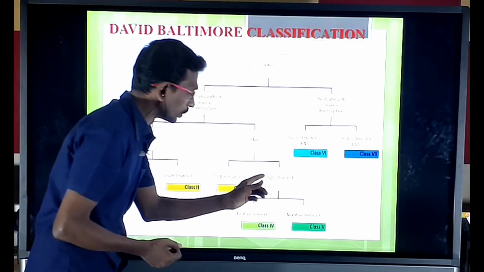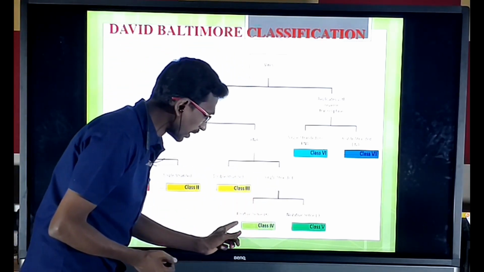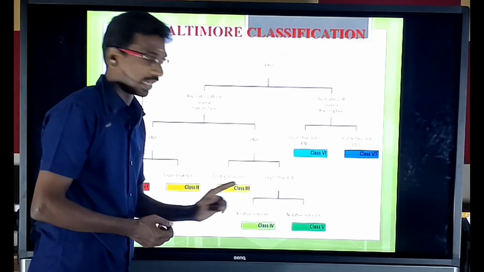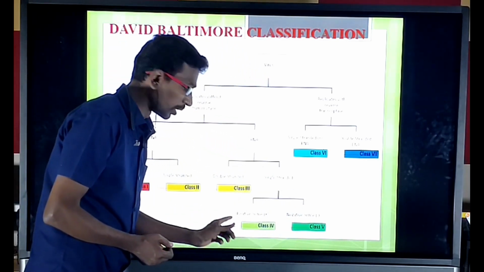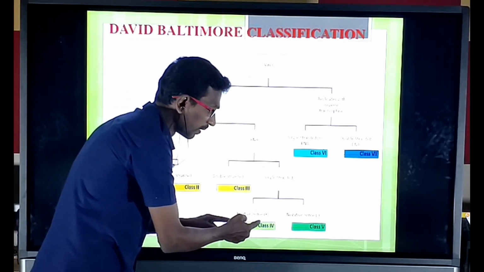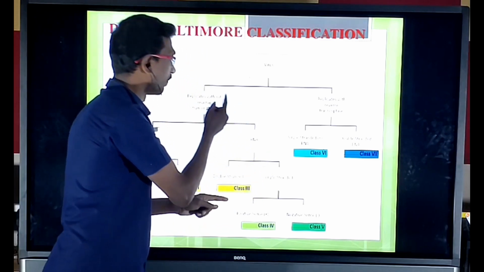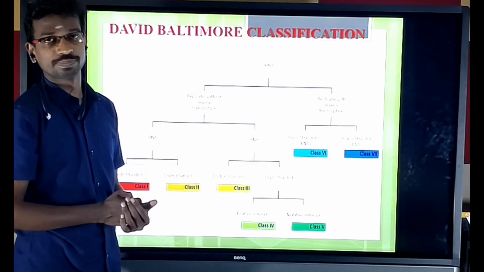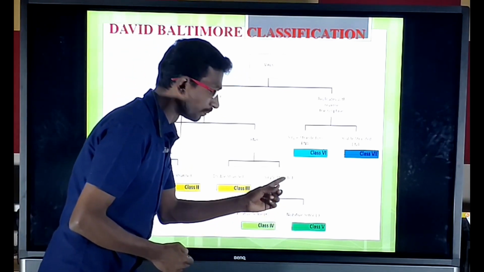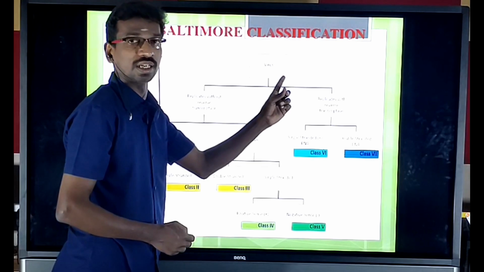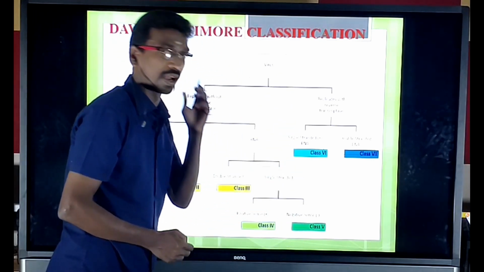If it is single stranded, it may be sense or antisense, that is positive sense or negative sense. Negative sense is called antisense. Sense ssRNA without using reverse transcriptase comes under class 4. Antisense ssRNA without using reverse transcriptase comes under class 5.